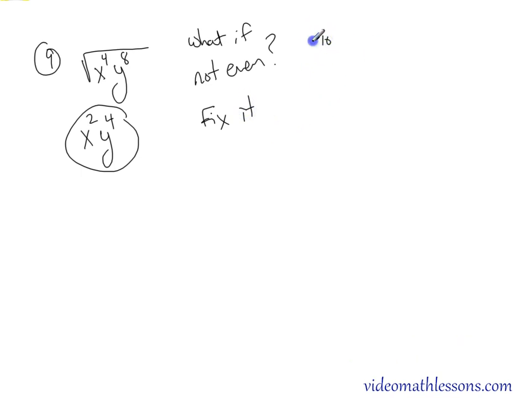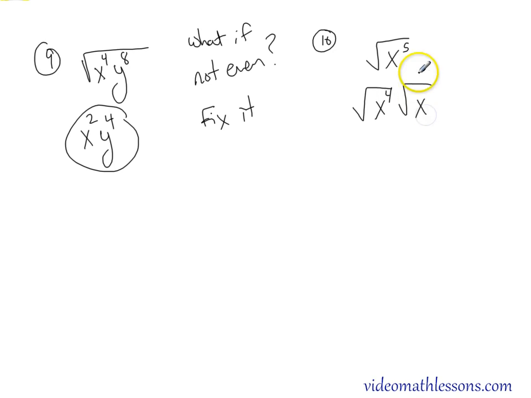So how do we fix it? Well, let's pick one, like x to the 5. x to the 5th power. Now, evens are perfect. This is an odd, so it's not perfect. So what you do is a little trick we do. You got to find the biggest even number that goes into 5. Well, x to the 4. That's the biggest even number.